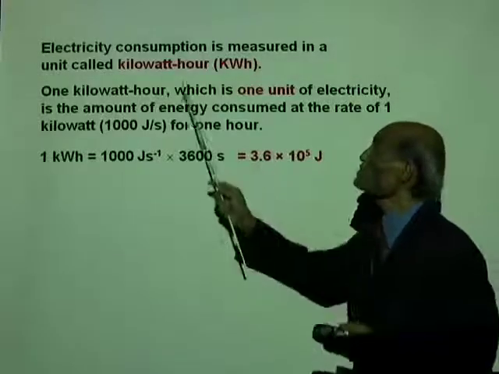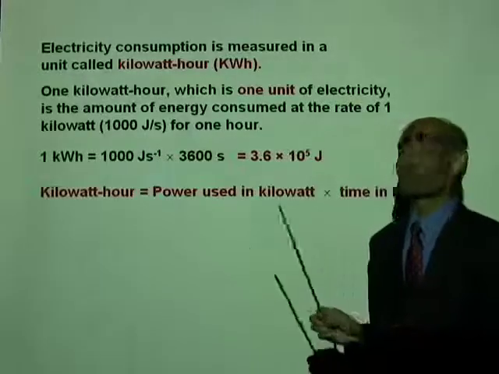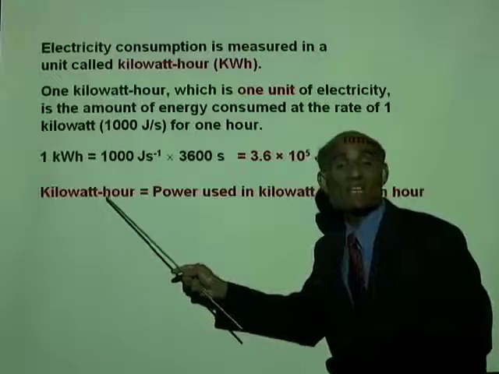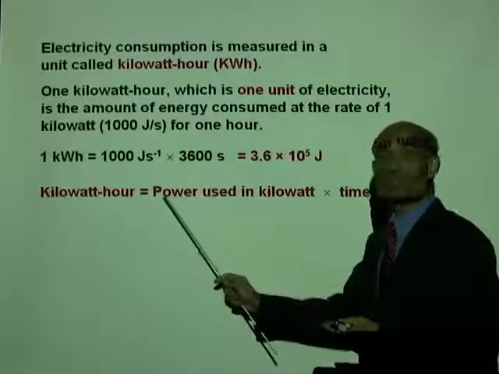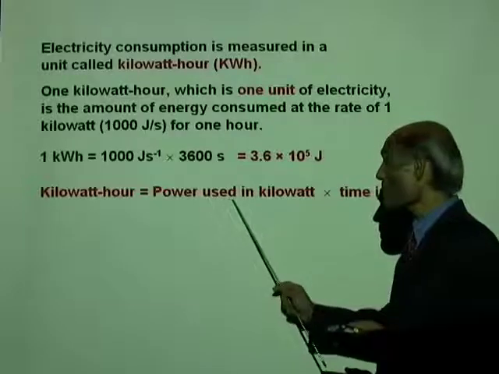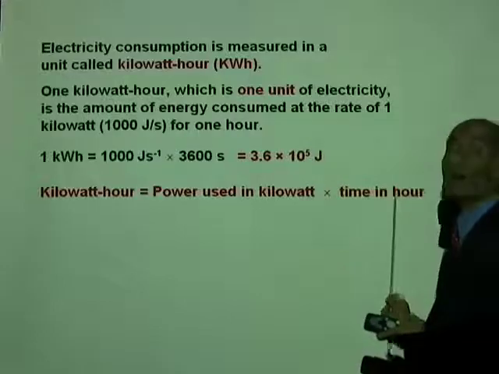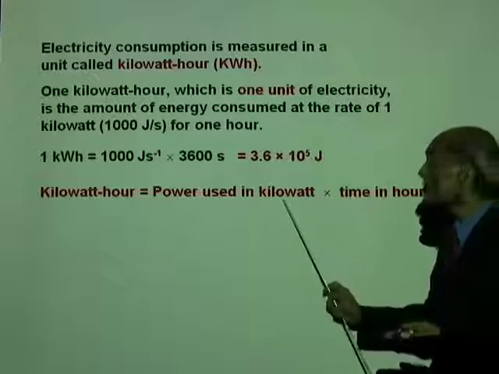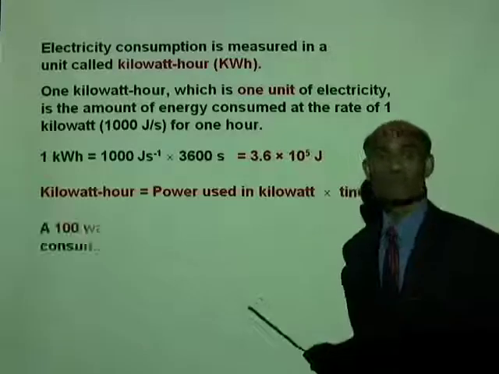This much energy is what is called a kilowatt hour. And it is very easy to calculate the number of kilowatt hours. All you need to do is multiply the power in kilowatt by the time in hour. That will give you kilowatt hour as we normally read it.